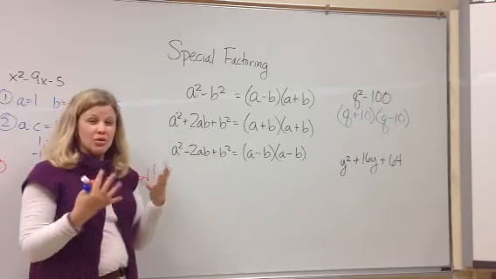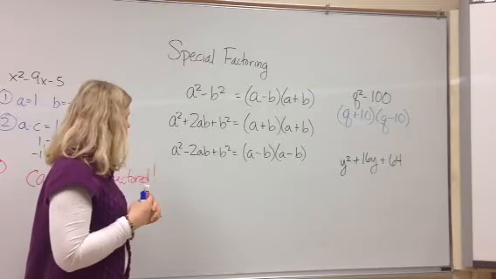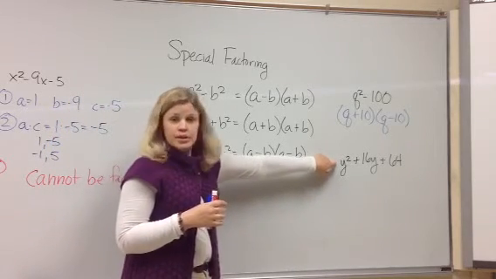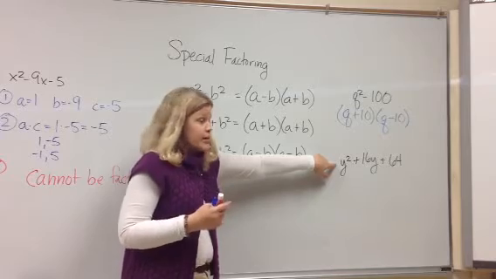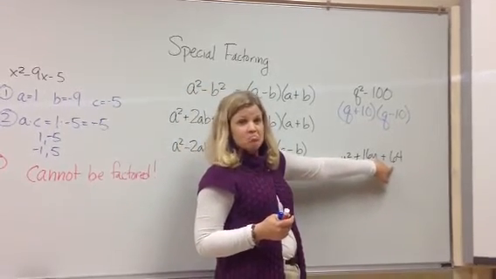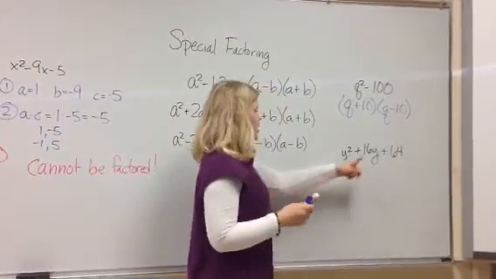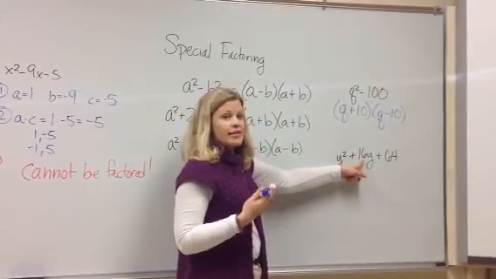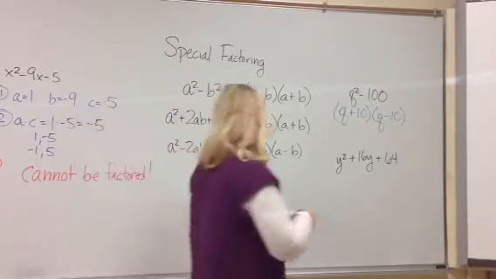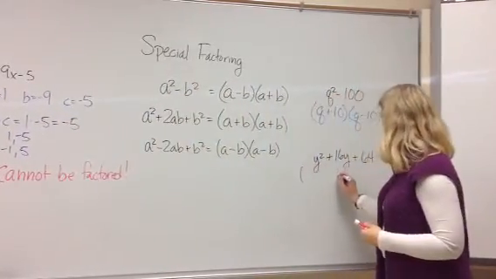Now, I don't think you notice this as quickly, but here's an example. So this is y squared, so just y times itself. Is there a number times itself that gives you 64? Yeah, 8. Wait a minute, isn't 16 like 8 times 2? So this is one of those special ones. I'm going to come over here so you can see a little easier.